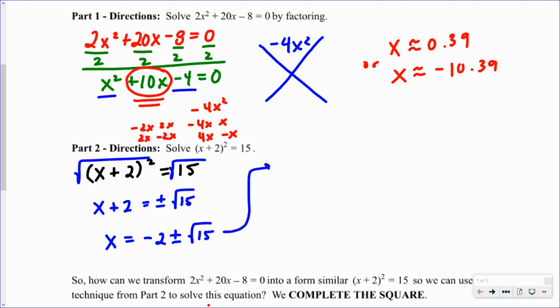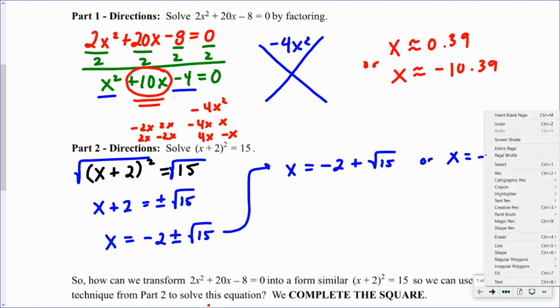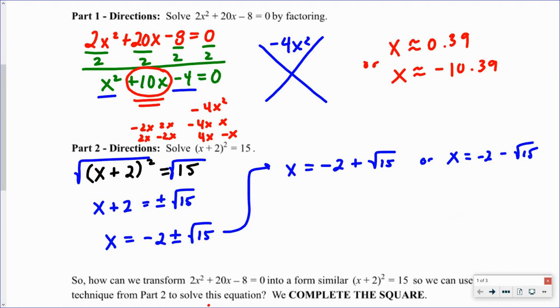You get two solutions: x equals negative 2 plus the square root of 15, or x equals negative 2 minus the square root of 15. Those are our two solutions. If I approximate those with a calculator, this would be approximately 1.87, and this other root would be approximately negative 5.87.